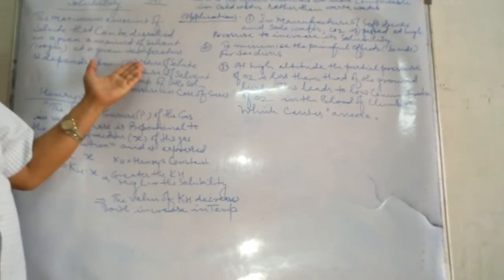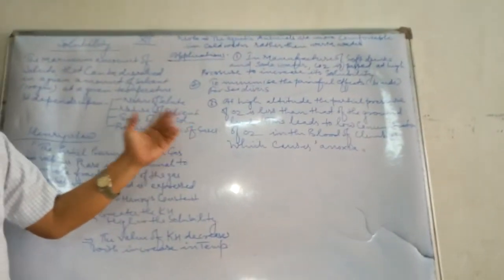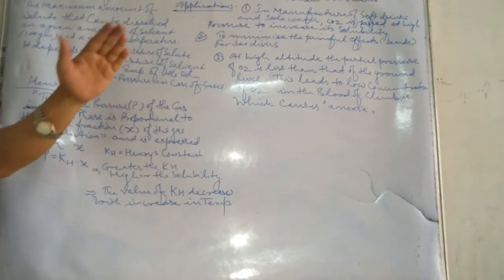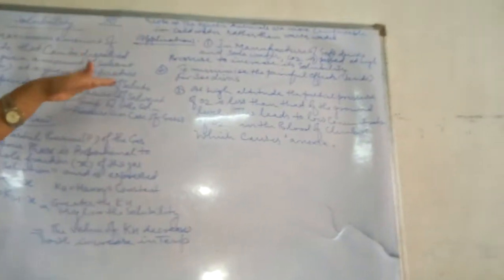So solubility depends upon the nature of solute, the nature of solvent, the temperature of the solvent, and even pressure in case of gases. These are the 4 points on which solubility depends. Once again, children, go through the definition of solubility: the maximum amount of solute that can be dissolved in a given amount of solvent at a given temperature.